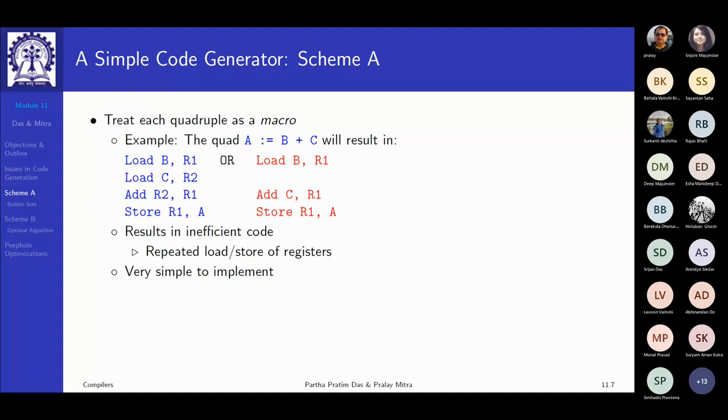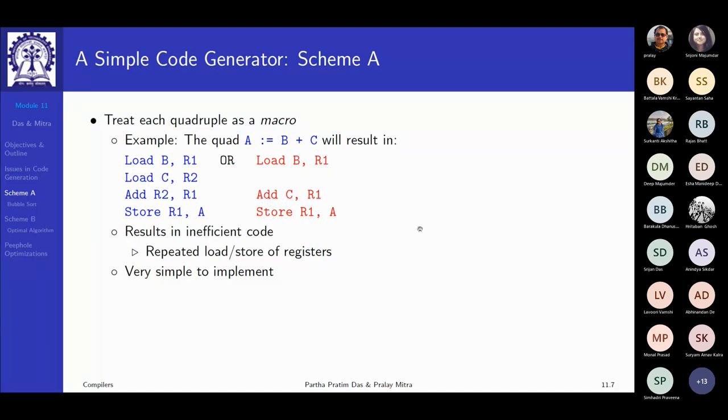Now, let us present a very simple scheme which we can illustrate and use, a kind of macro based scheme where every quad is thought of as a macro which expands, depending on the particular form of the quad, to a predefined code sequence in the target processor.